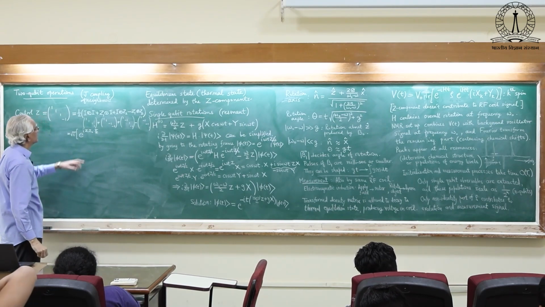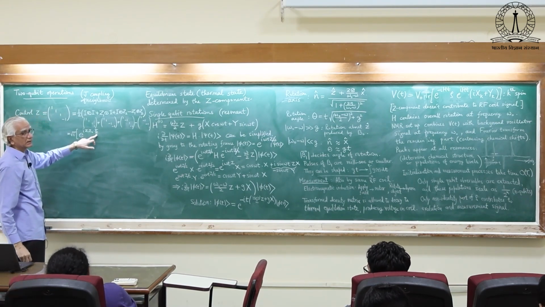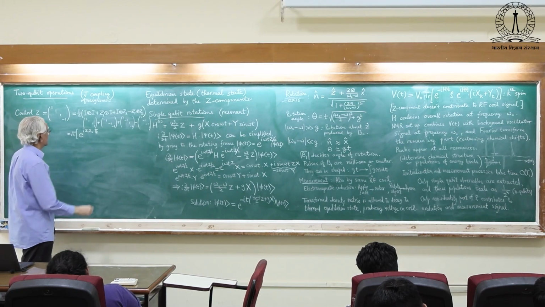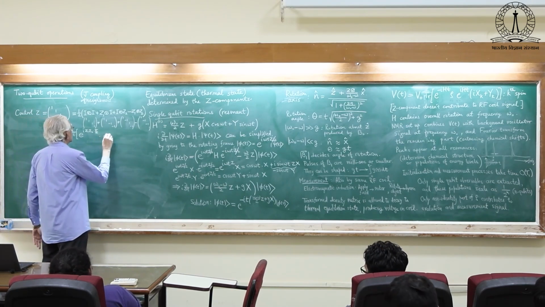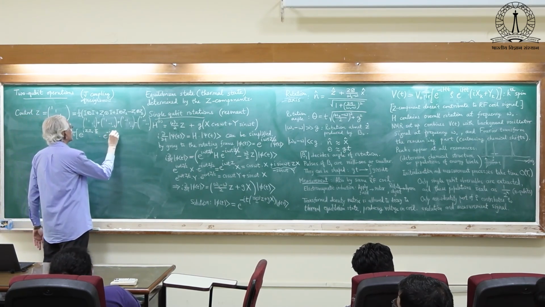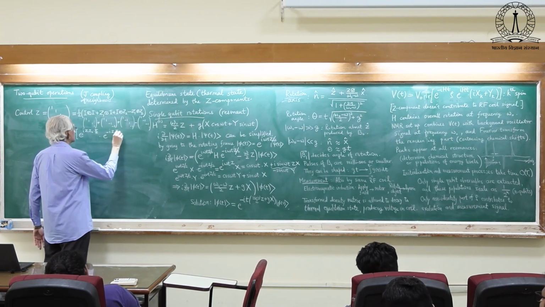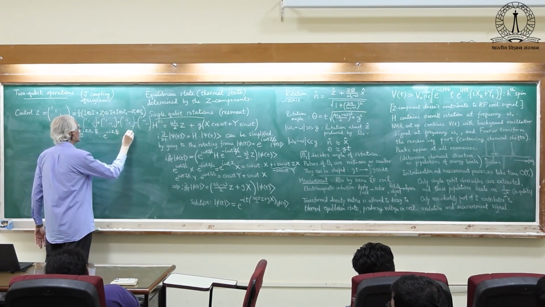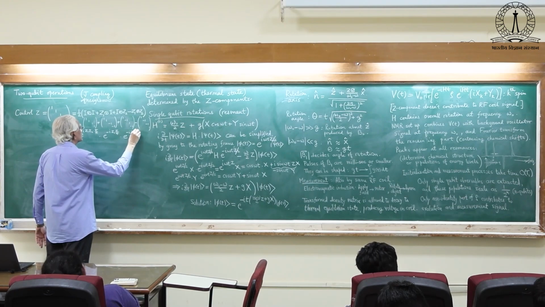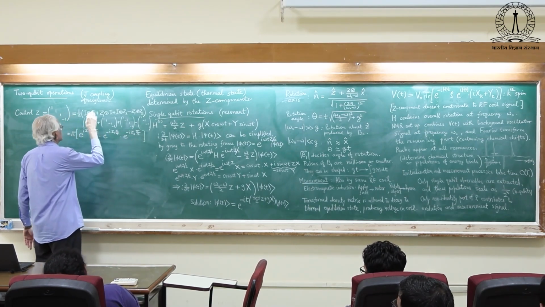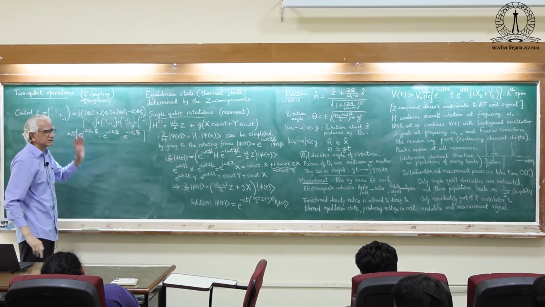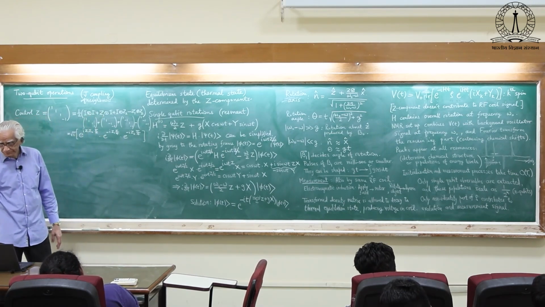But there are very specific angles. This is pi over 4, for example. And I have omitted all these identity factors. It doesn't matter very much.